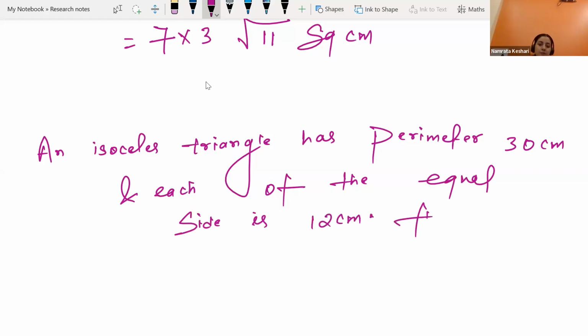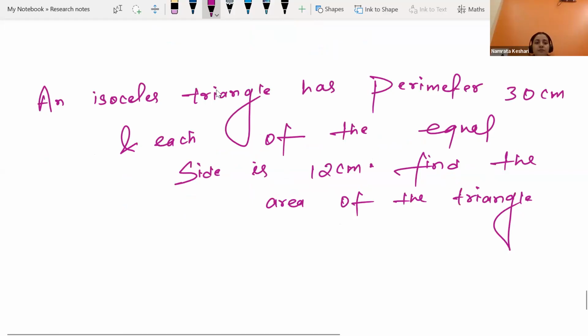Find the area of the triangle. Please do it now.